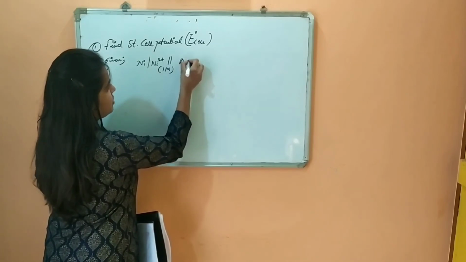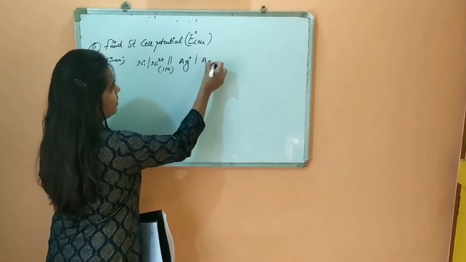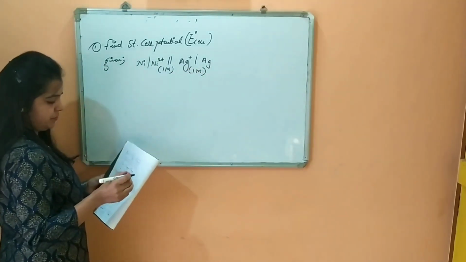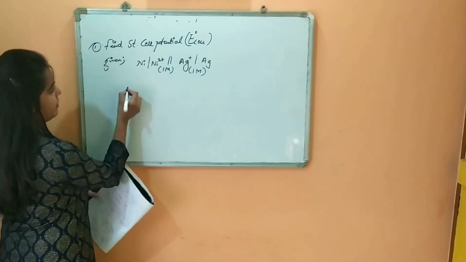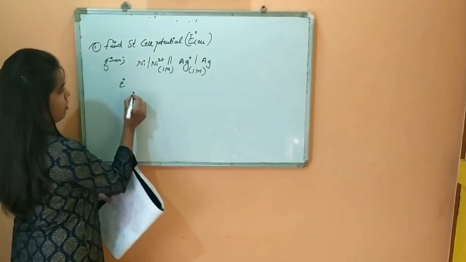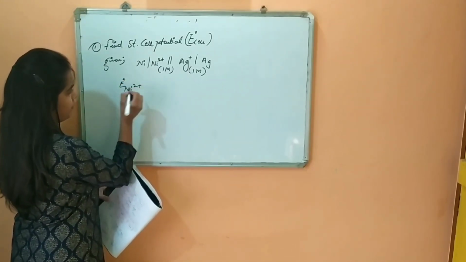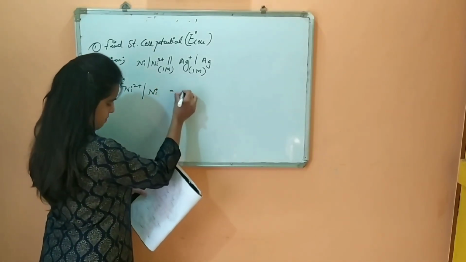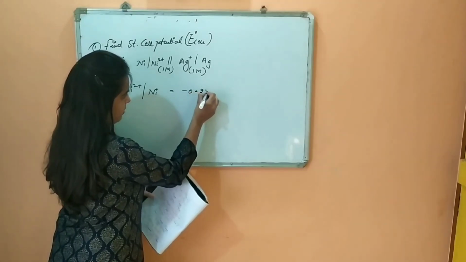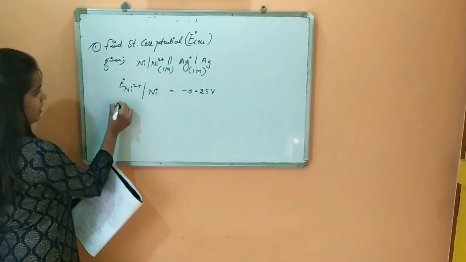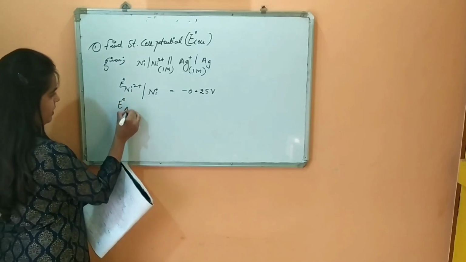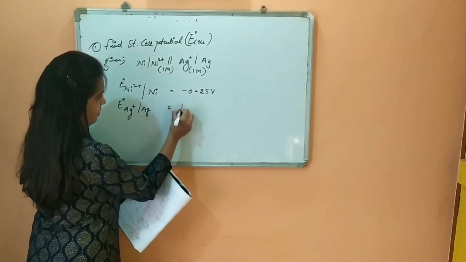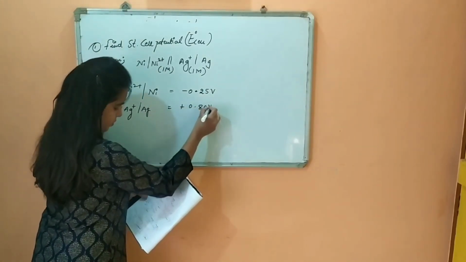Then we have Ag plus to Ag. Again, this is having 1 molar concentration. Given E naught of Ni2 plus to Ni is minus 2.5 volts and E naught of Ag plus to Ag is given plus 0.80 volts.